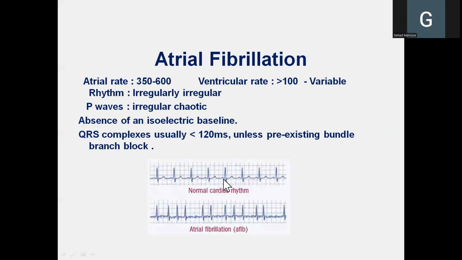The isoelectric baseline is the baseline at which the value on the y-axis of the amplitude is 0. But here we cannot find an isoelectric baseline between the waves because the waves are very small, very close to each other, leaving no isoelectric lines between them.